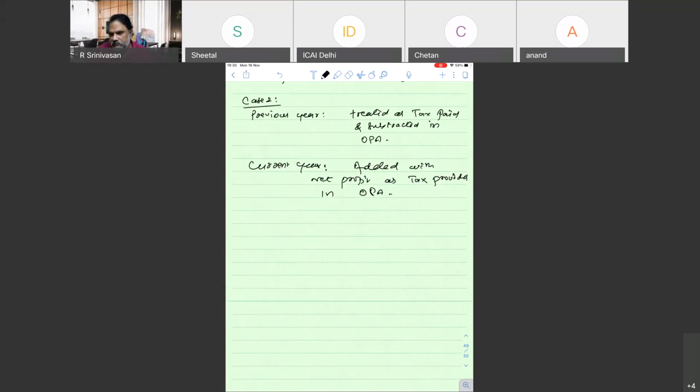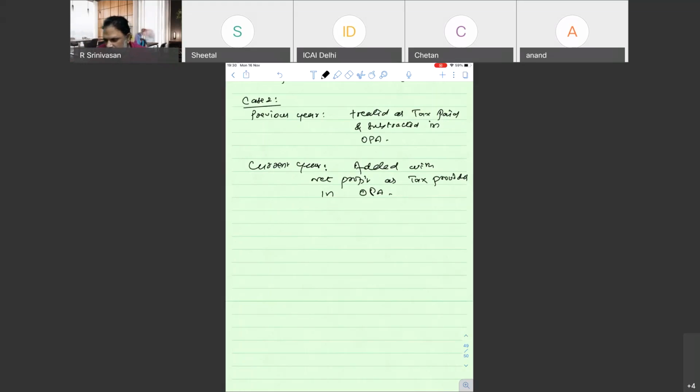Can anyone give a reason for this? Sir, is it because it is a below the line adjustment?